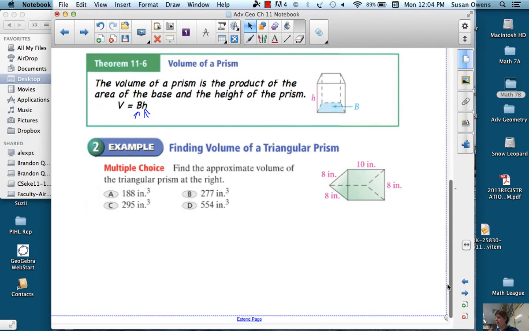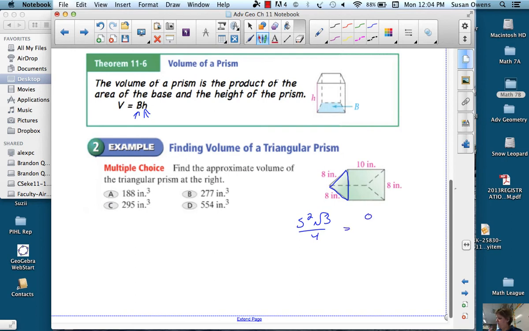So here's an example: find the approximate volume of the triangular prism at the right. In order to use Cavalieri's principle and our base times height formula, we have to make the triangles our bases. So we just find the area of those triangles. They are equilateral triangles, so the formula is s squared root 3 over 4.